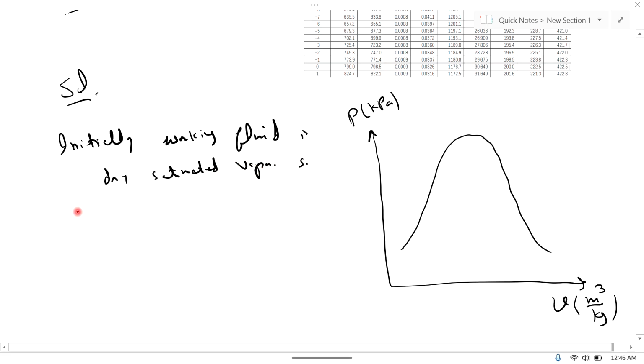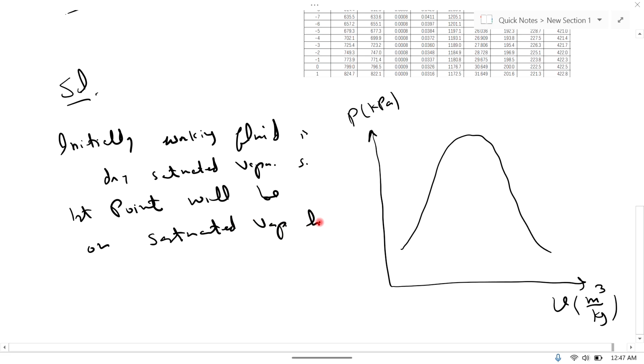So the first point will be on the saturated vapor line, and this line is called the saturated vapor line. Let's suppose this is the temperature of 0 degree centigrade.